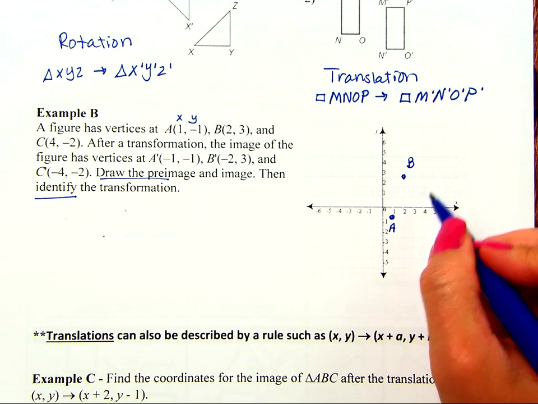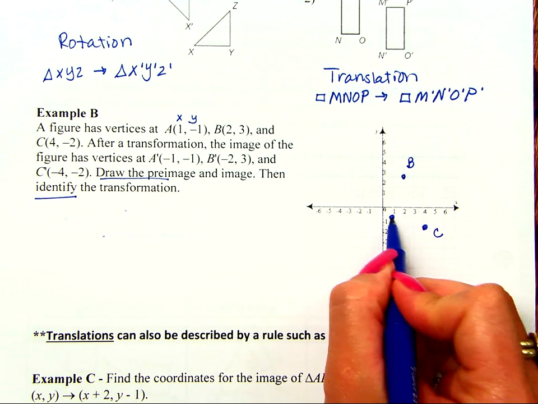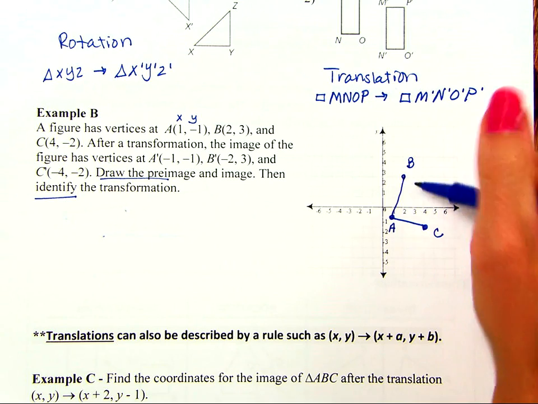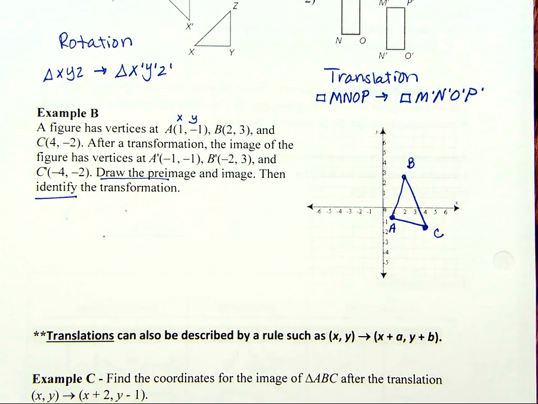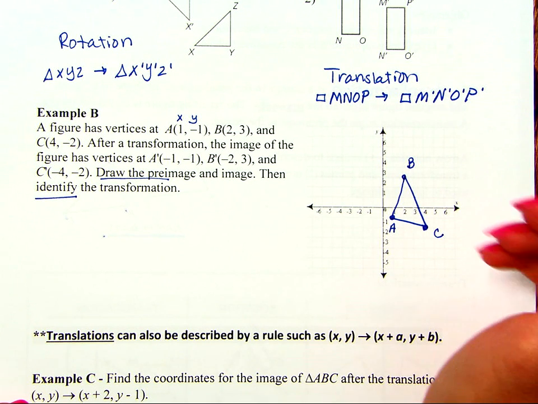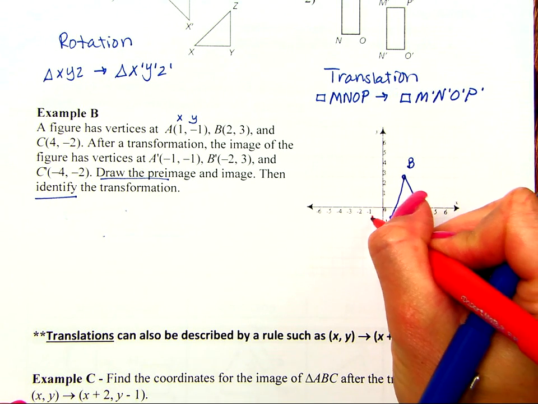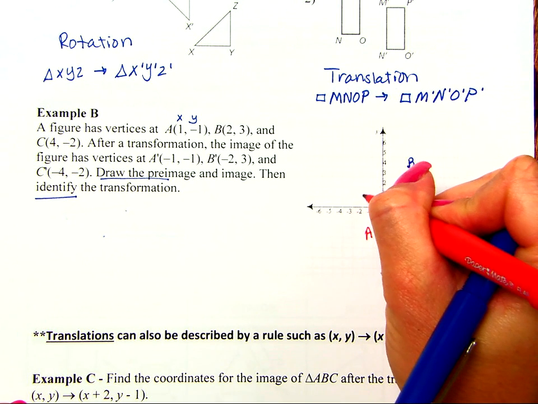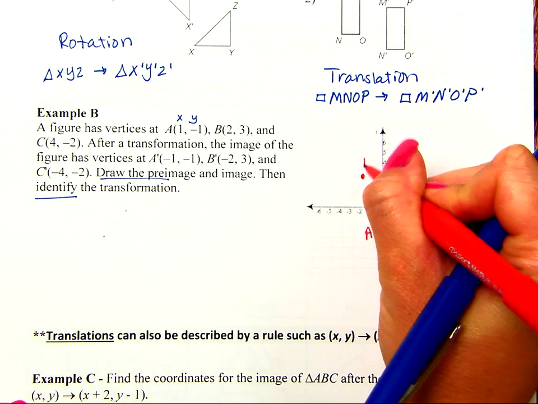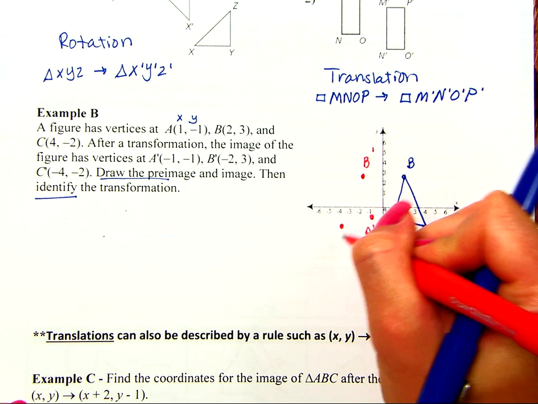And (4, -2) means to the right 4, down 2. Plotting those points should be review for you. Now when I go to do my image, my resulting figure, I see A prime is (-1, -1), B prime is (-2, 3), and C prime is (-4, -2).